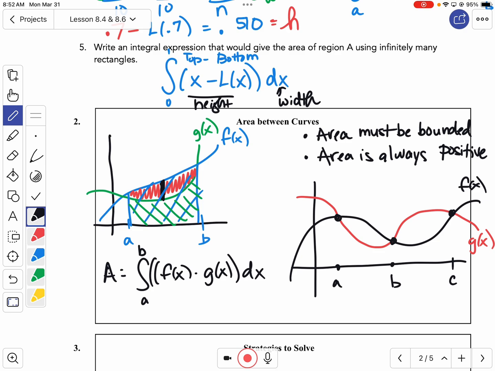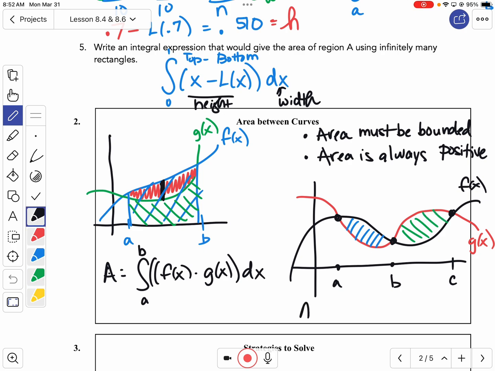How many times they intersect this time? 3. Is the same function on the top in each spot? No. Okay. So if we're looking for the area between these two curves, it's going to take 2 integrals, right? Because it switches who's in charge, right?